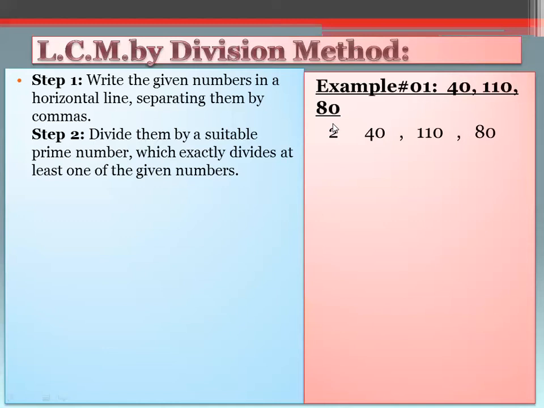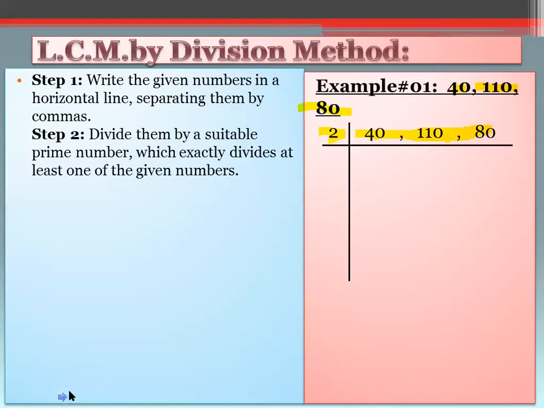You have three numbers 40, 110 and 80, and you have to write them in a horizontal line, separating them by commas. In step number two, divide them by a suitable prime number. Here I am taking 2, which exactly divides at least one of the given numbers.